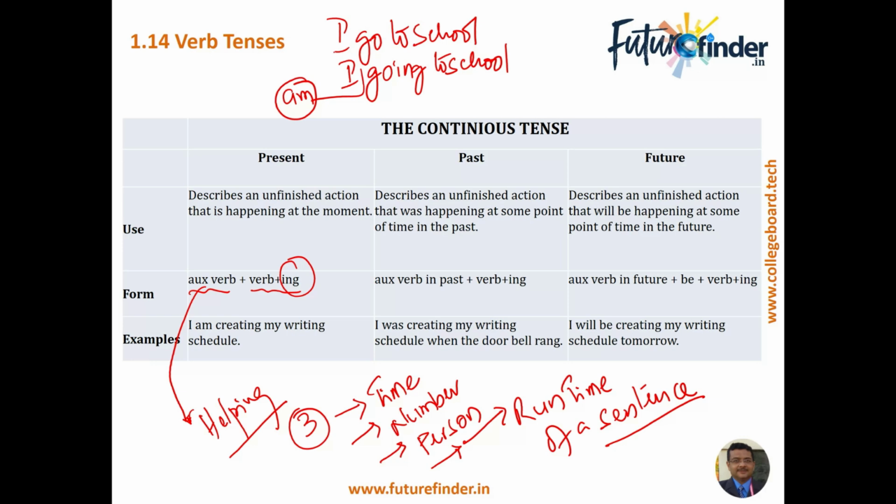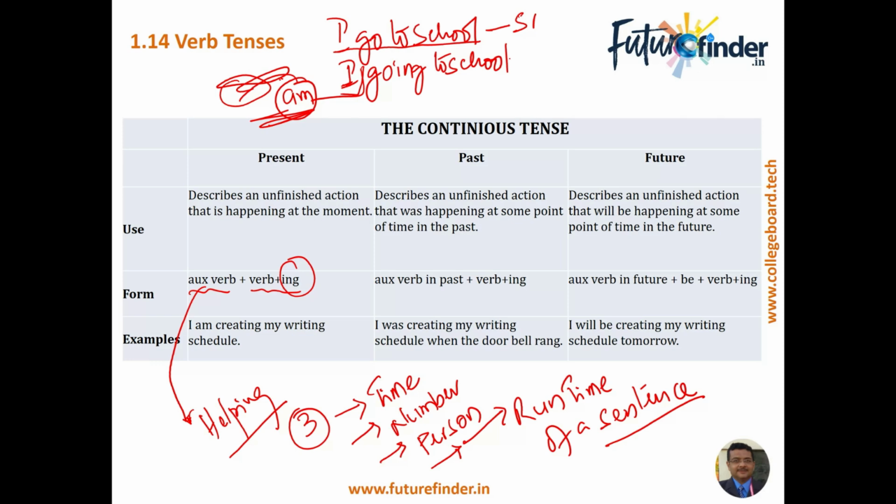Instead of I go to school, which is the simple present tense, the continuous tense should be, of course, I am going to school, but instead of writing am, which is the auxiliary verb, right? Out here, am is the auxiliary verb. We are leaving out the auxiliary verb and writing it as I going to school.